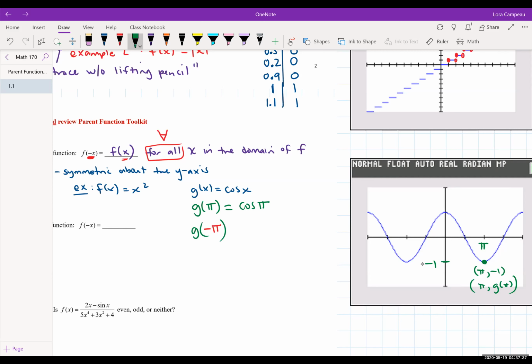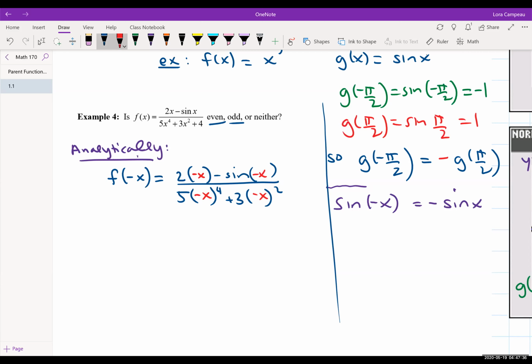So here I have a negative sign of -x. And then at the denominator, I've got 5 times -x to the 4th plus 3 times -x squared, and then plus a 4. Here we go. So I plug in -x wherever I see x in the original function. Just refreshing that for you all.